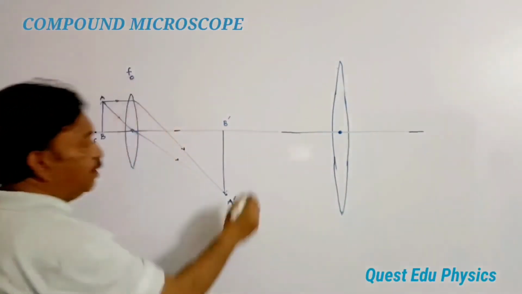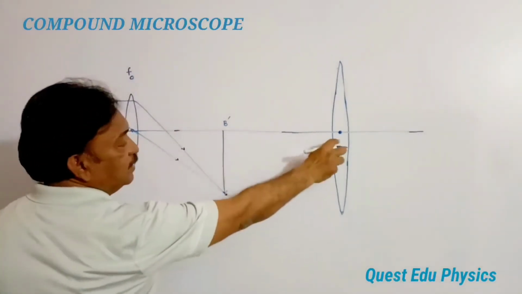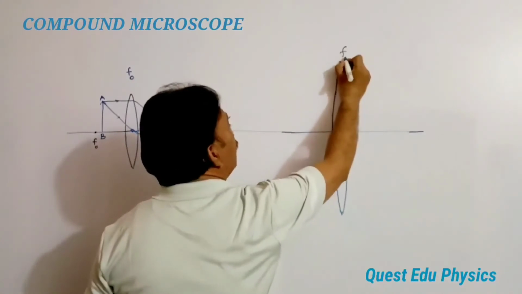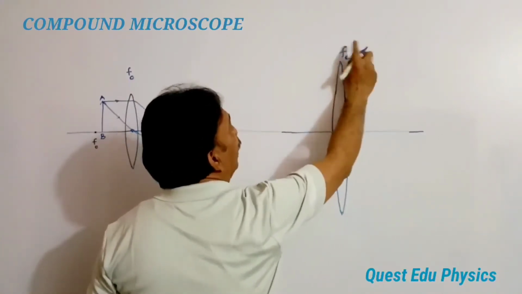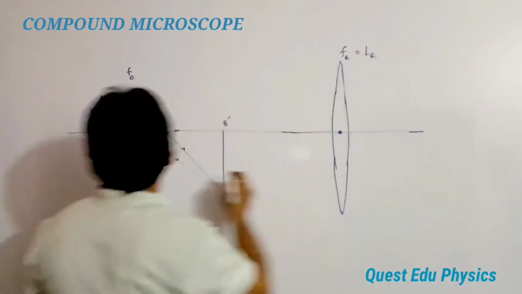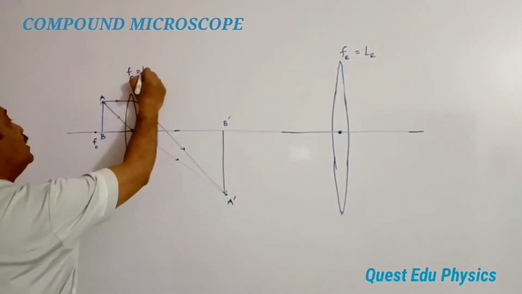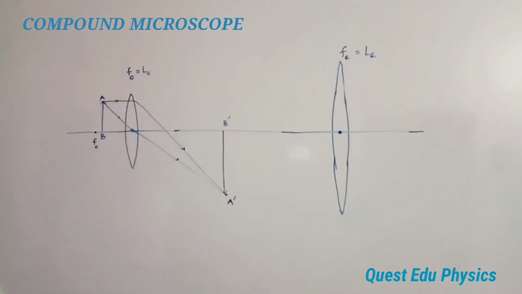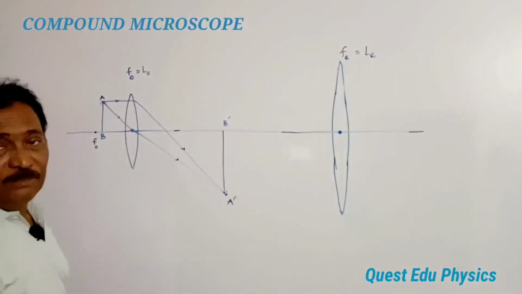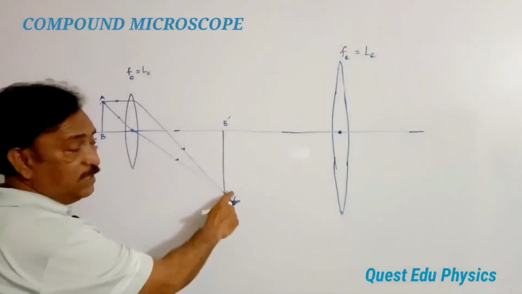Now I am taking the focal length of this second lens. This lens has a focal length of F_e, and you can say this lens is L_e. See this, it is the image. Now I am adjusting the position of this image.